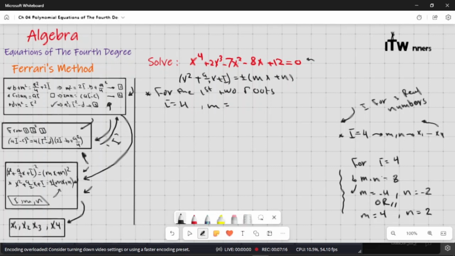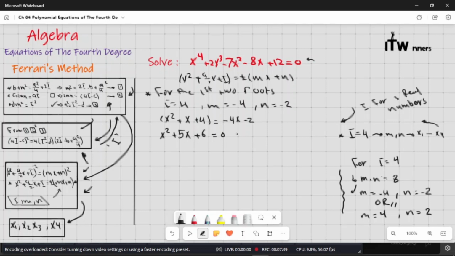We have here x squared plus 2x plus 4 equal to negative 4x minus 2. Okay, so x squared plus 6x plus 6 equal to 0.